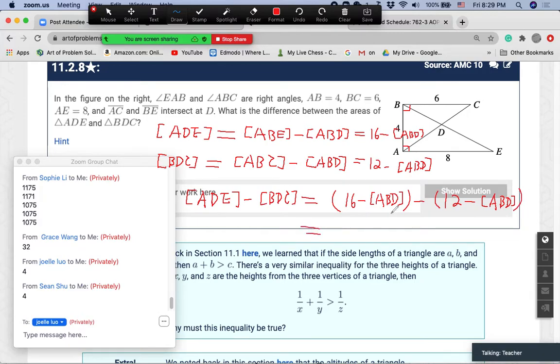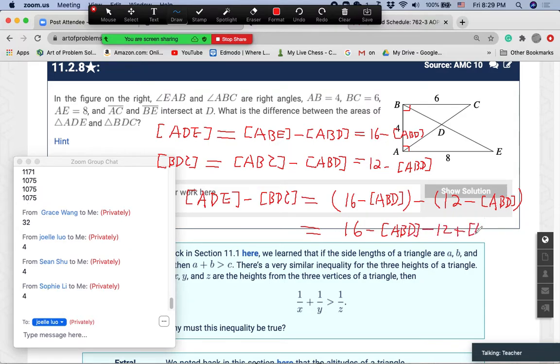Then you expand this, take the brackets away. You get 16 minus area of ABD, then minus 12, then plus area of ABD. Then the minus and plus cancel out. You get 16 minus 12, you get 4. So that means 4 is the correct answer.